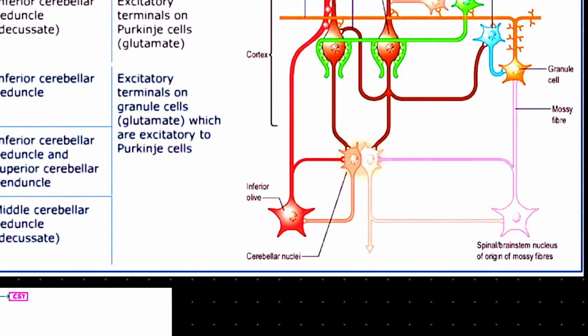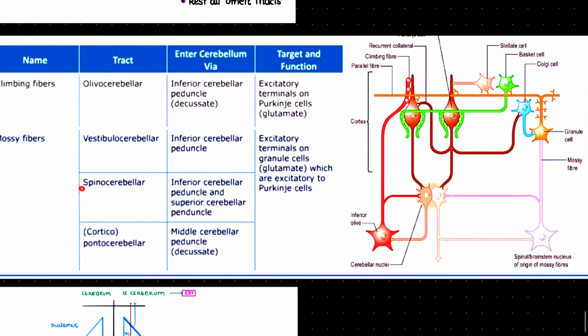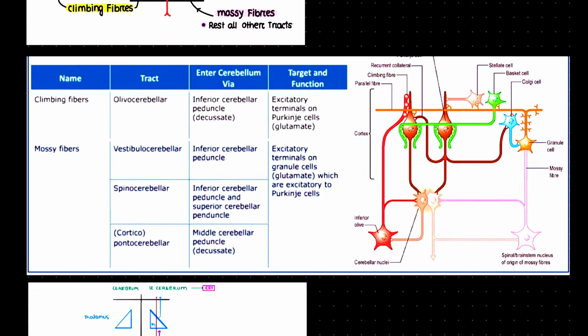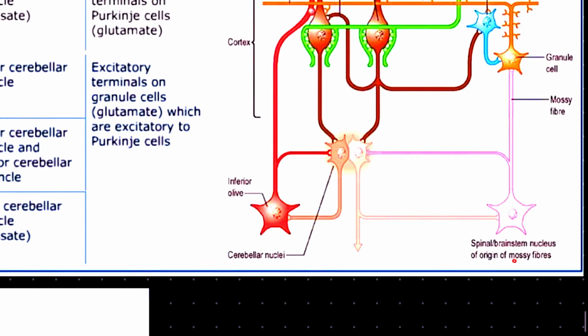We have already discussed the spinocerebellar tract. This information should be carried to the cerebellum by the mossy fibers. The right dorsal spinocerebellar tract will carry the sensation.